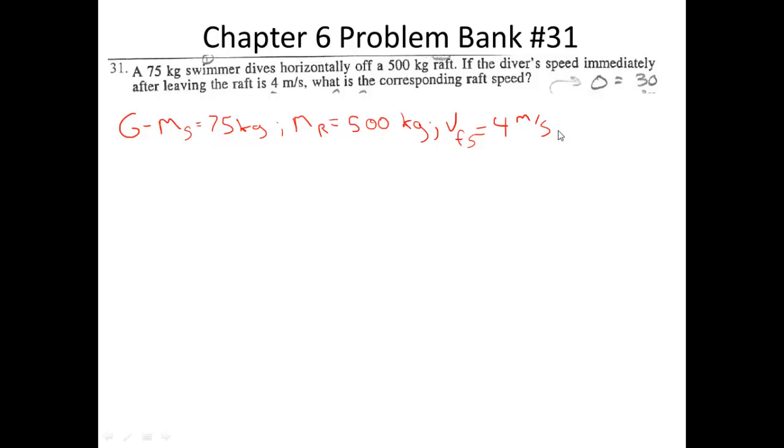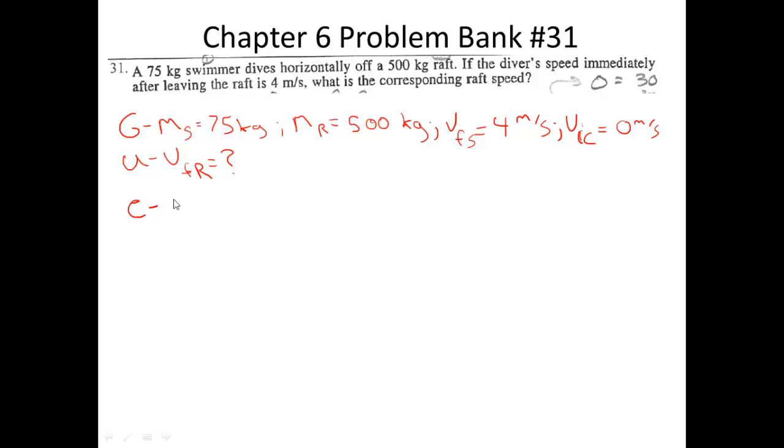And for right now, we will assume that the initial velocity of the combined two is equal to 0 meters per second. So our unknown is the final velocity of the raft.